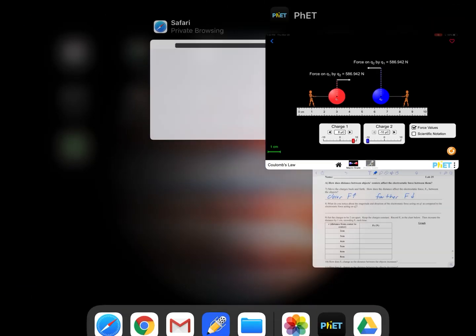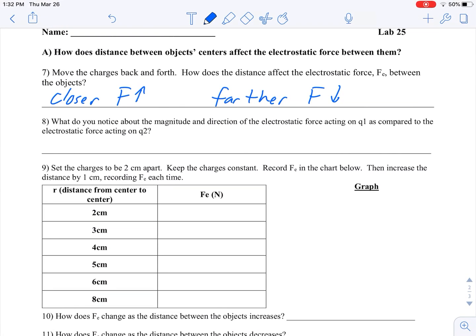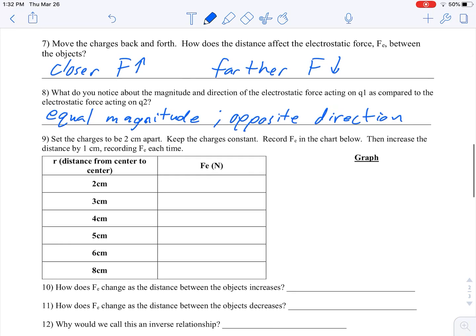So magnitude is the same, opposite direction. Equal magnitude, opposite direction. And that's what Newton's third law tells us, that the forces that come in pairs will be equal in magnitude and opposite in direction.